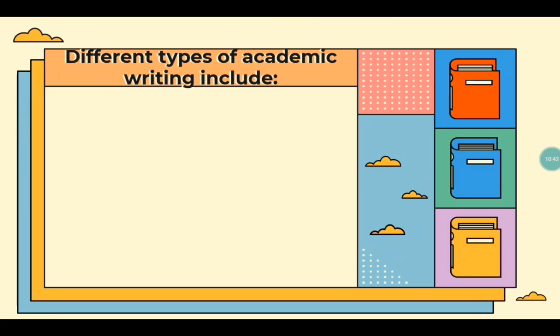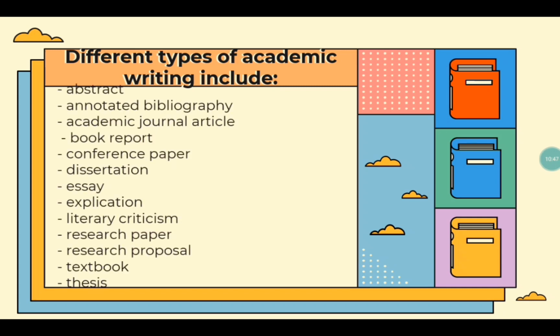Different types of academic writing include abstract, annotated bibliography, academic journal article, book report, conference paper, dissertation, essay, just like what we have read a while ago.